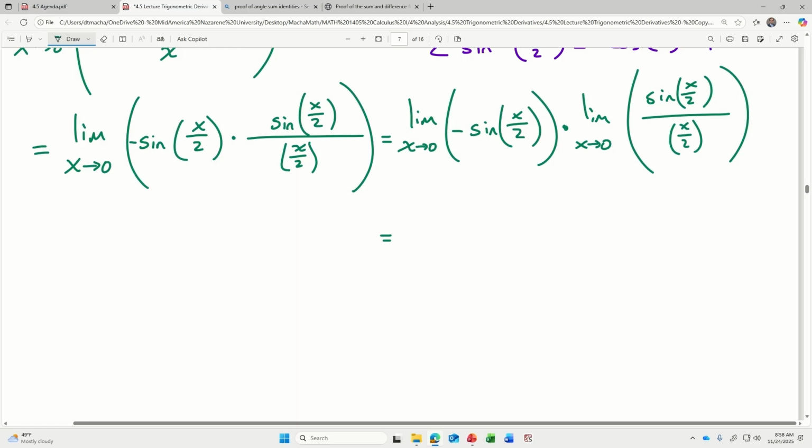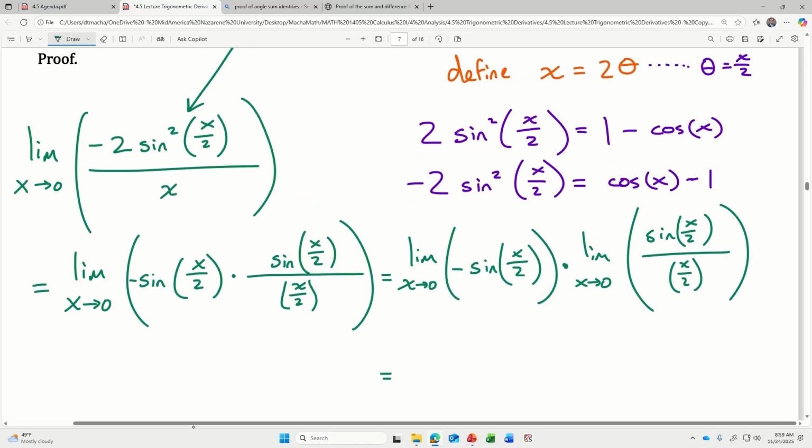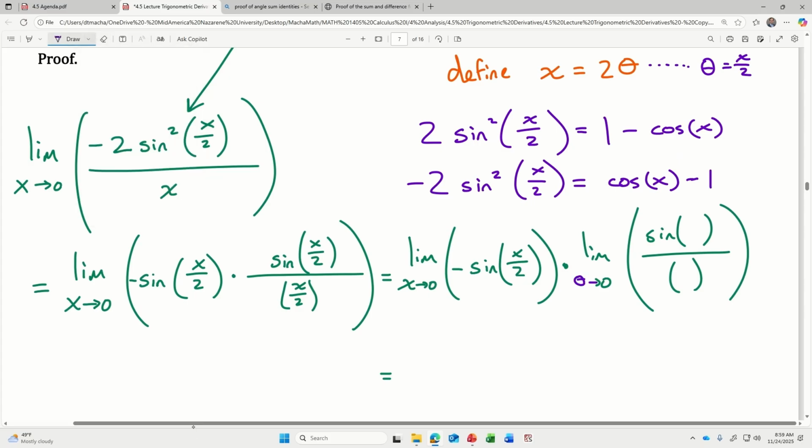What is the limit as x approaches 0 of sine of x over 2 divided by x over 2? It may even help to do this. If theta is equal to x over 2, what's the limit as theta approaches 0 of sine of theta divided by theta?